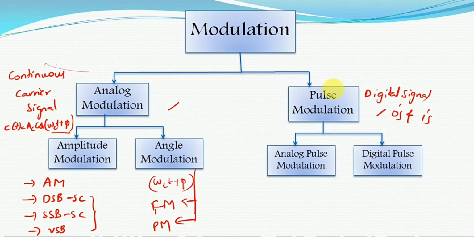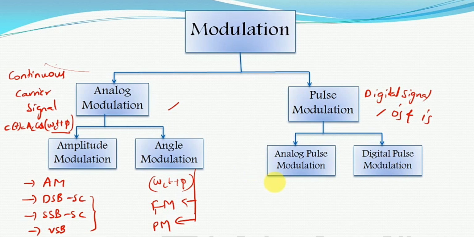Now let us see pulse modulation. Pulse modulation is divided into two types: one is analog pulse modulation and the second one is digital pulse modulation. In analog pulse modulation, the message signal should be analog in nature, whereas in digital pulse modulation, the message signal should be digital in nature, meaning it contains only zeros and ones.